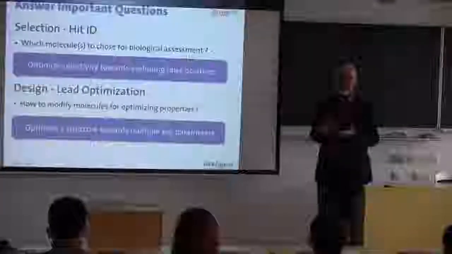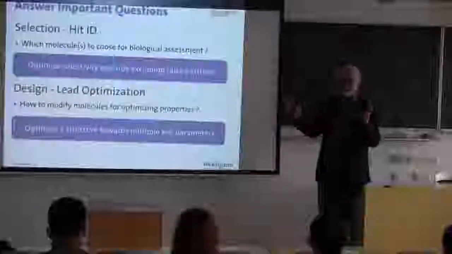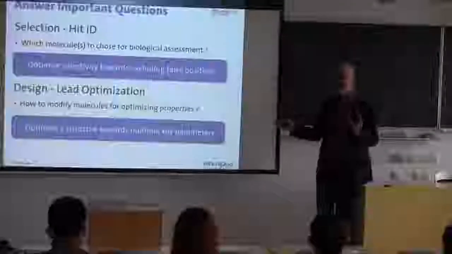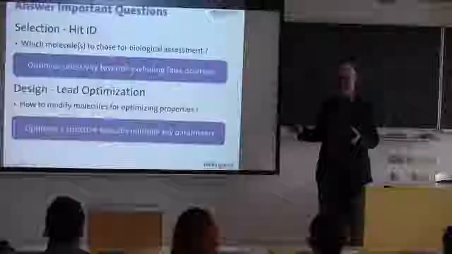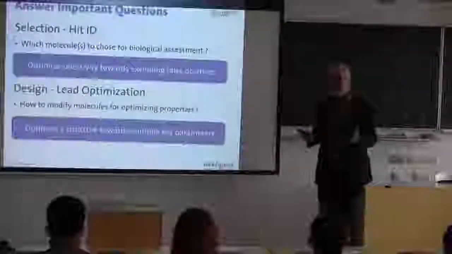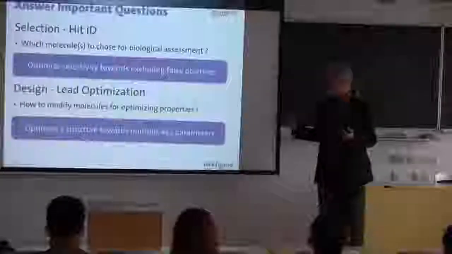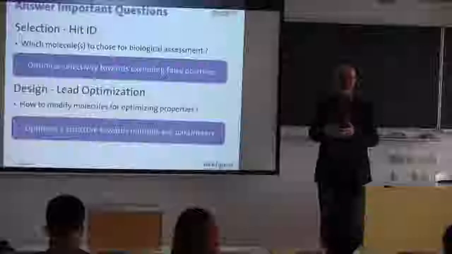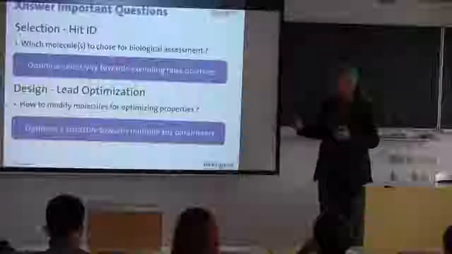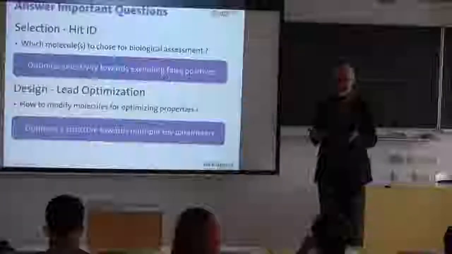And normally there are two different workflows. The first workflow is to find a starting point. To find a starting point, there can be some experimental methods, there can be some literature search, but there can also be some in silico approaches. And this is normally referred to as virtual screening.